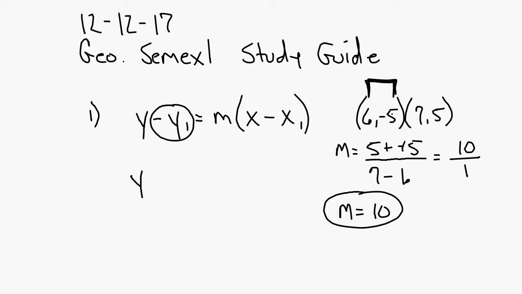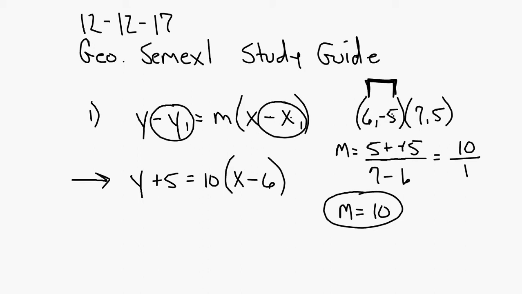So the opposite of negative 5 is positive 5, equals the slope, in parentheses, the letter x, and then this says the opposite of the x value at the point. So the opposite of your x sub 1, which is 6, would be negative 6. So this is your equation in point slope form for problem number 1, and that looks like 10 times x minus 6. That looks like b.